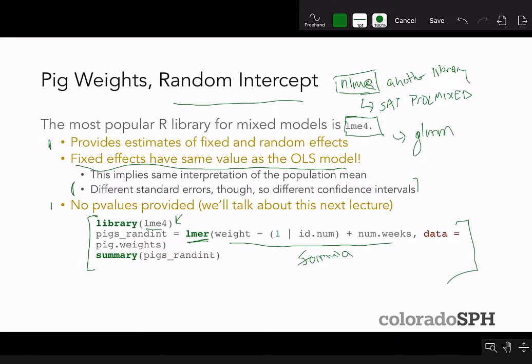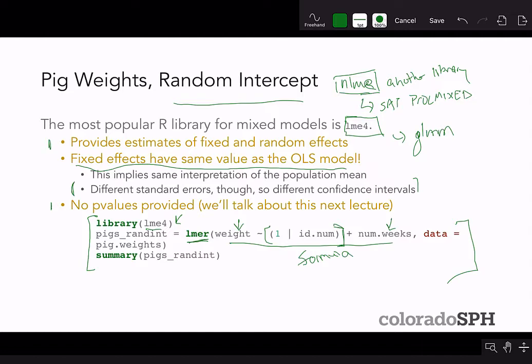And this is similar to formulas in other functions we've worked with. The outcome here is weight. The fixed effects are going to be stated the same way by just listing the name of the variable. And then this notation that I'm bracketing is the notation that you use for adding random effects. So that's what's different. And in this case, I'm only adding a random intercept on ID number.